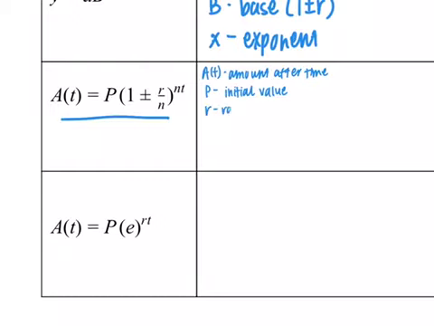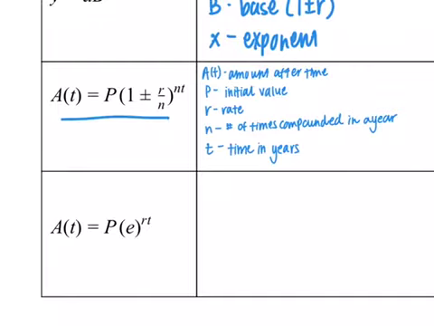R is our rate. N is the number of times it's compounded in a year. And then T is time in years.